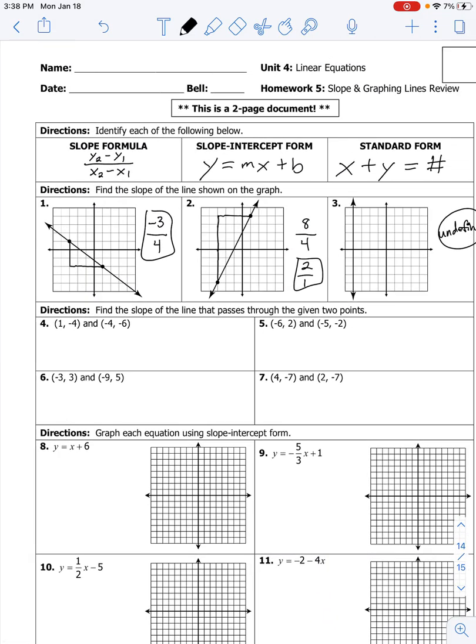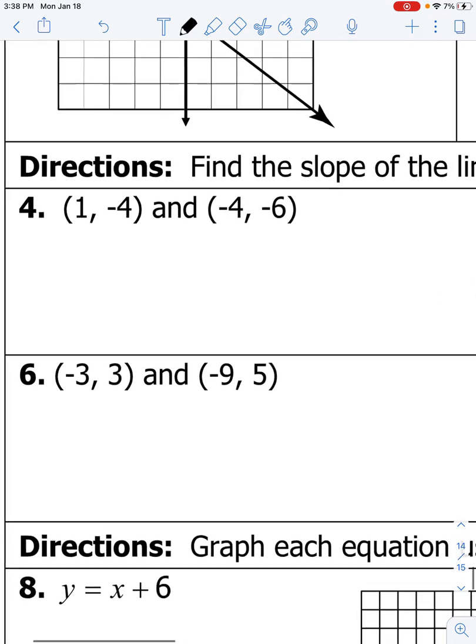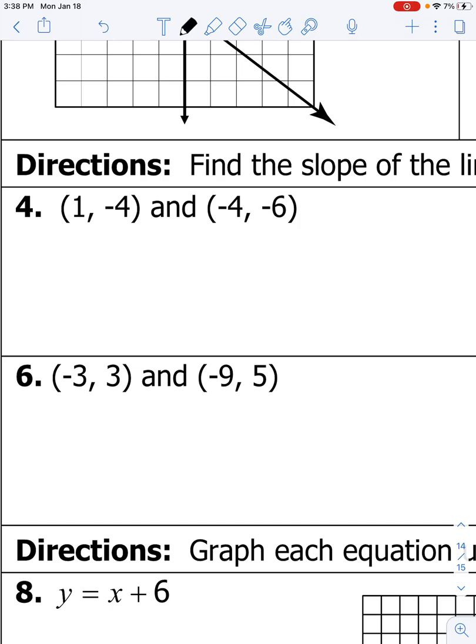Now, number 4 through 7, it says find the slope of the line that passes through the given points. If you remember, this was pretty simple. The formula is y2 minus y1 over x2 minus x1. But if you remember from previous notes, I made this right here point number 2, and this right here point number 1.